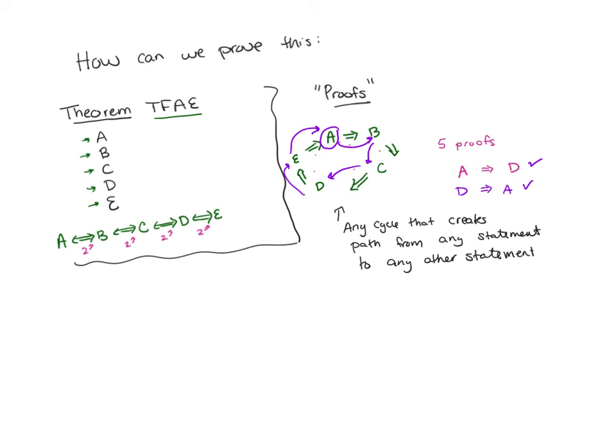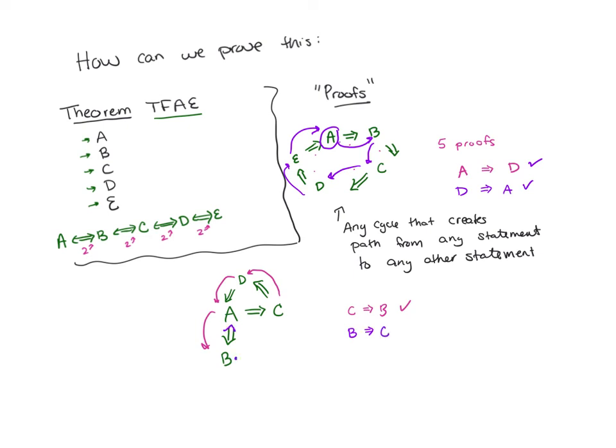So from A, maybe I say A implies C, C implies D, and D implies A. But then A also implies B. So let's say I've proved all of this, and I ask myself, can I get from C to B? Well, C gives me D, D gives me A, gives me B. So that's good. But then going back, can I get from B to C? Well, from B, I can't go anywhere.